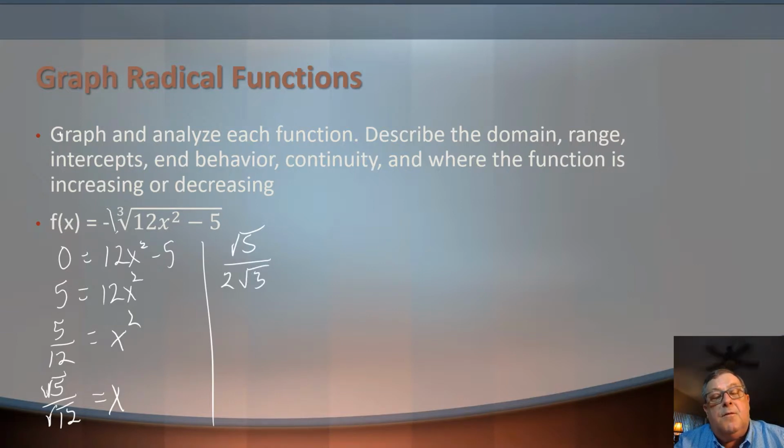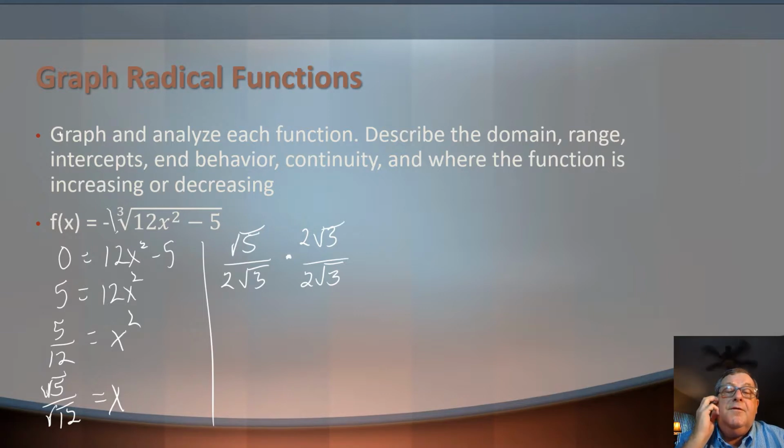That's the same as the square root of 12. Now, mathematicians don't like radicals in the denominator, so we're going to rationalize this by multiplying the square root of 5 times the 2 over 2 square root of 3 times 2 square root of 3 over 2 square root of 3.